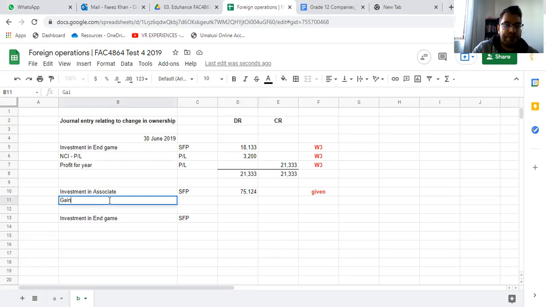So we will say gain on disposal, separate books.